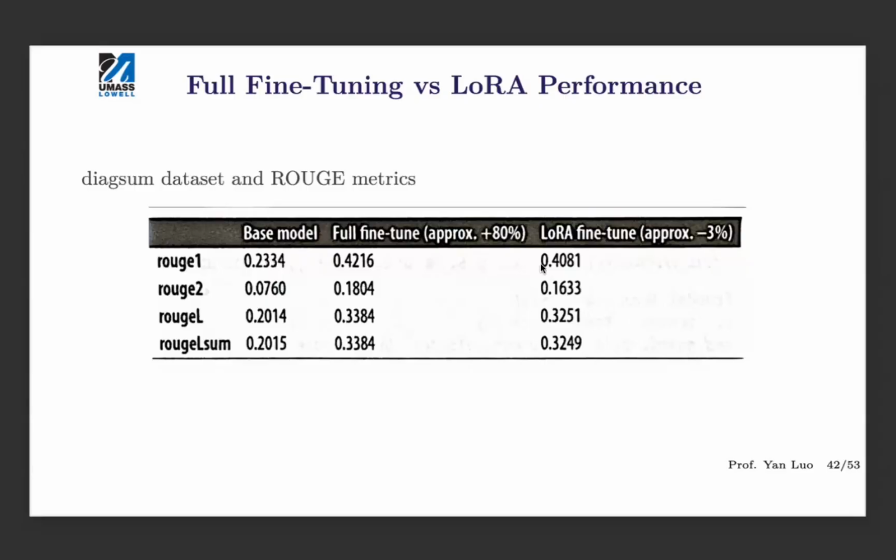But compared to the full fine-tuning, LoRA fine-tuning does have a little bit of a performance hit, so 0.4 versus 0.42, about 3% of decrease. So all the ROUGE metrics you can see the same trend.